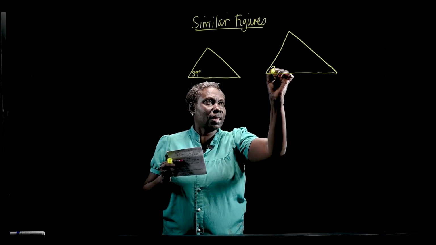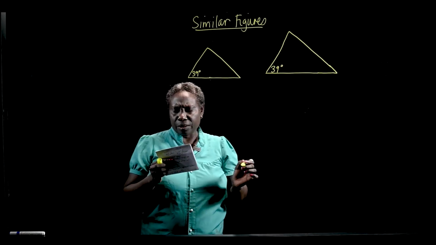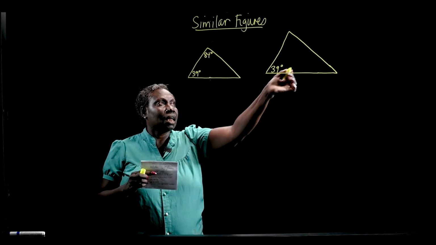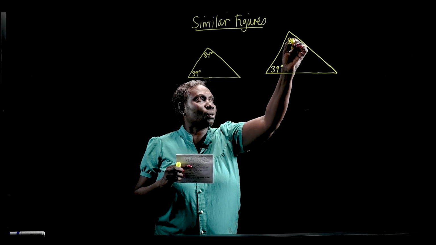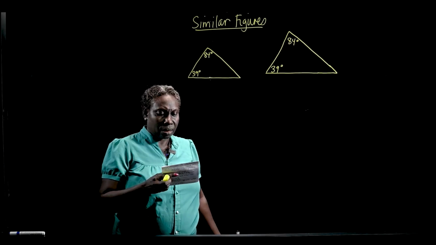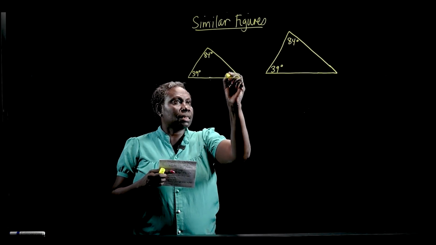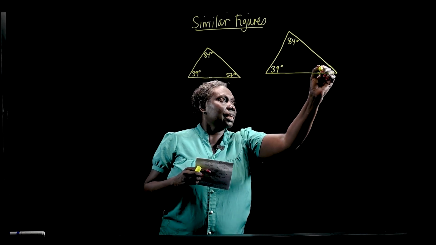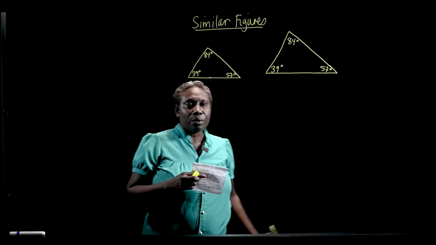This one also has an angle of 39 degrees. This is 84 degrees, and this is also 84 degrees. This angle here is 57 degrees, and this is also 57 degrees.